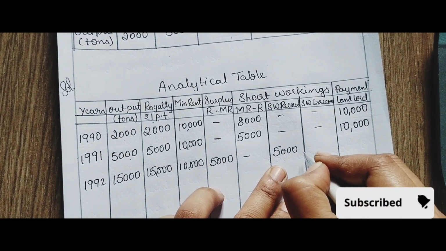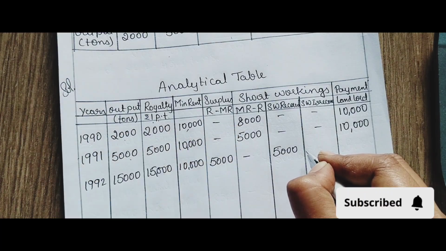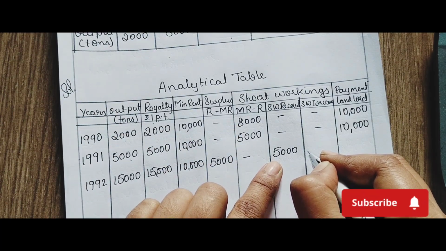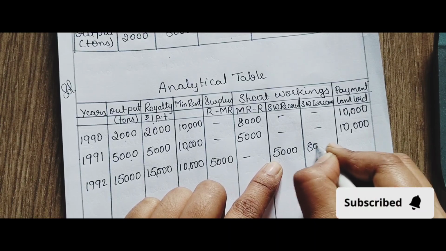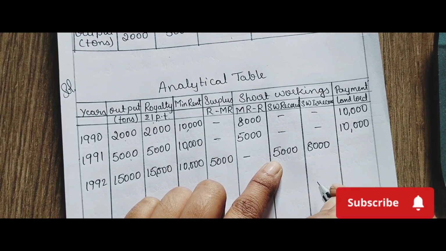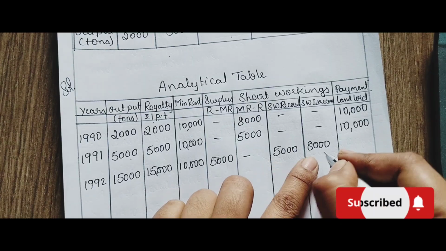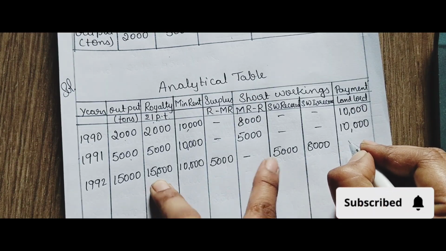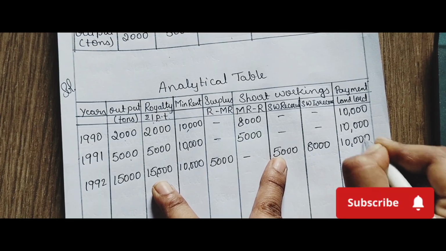And what is the remaining balance? 8,000 plus 5,000 is 13,000. Of 13,000 you have recovered 5,000. What is the remaining balance? 8,000 is the unrecovered amount. And here you are paying 15,000 minus 5,000, 10,000 to the landlord.